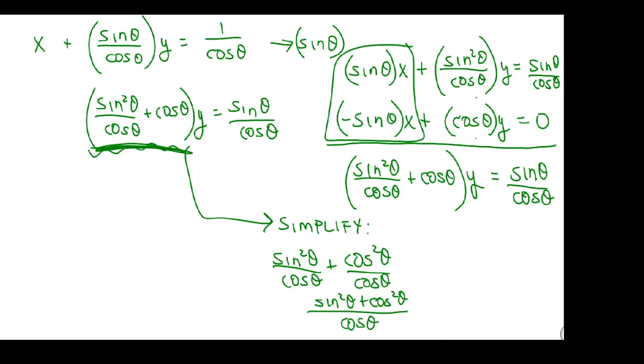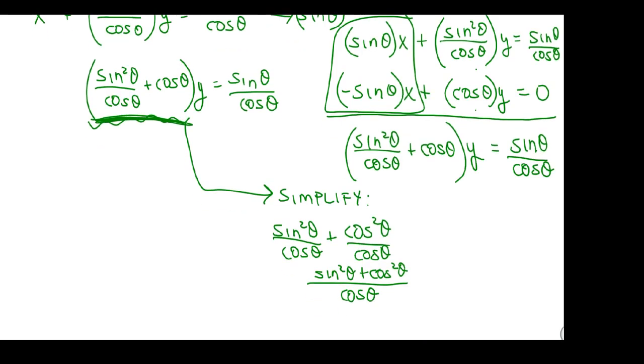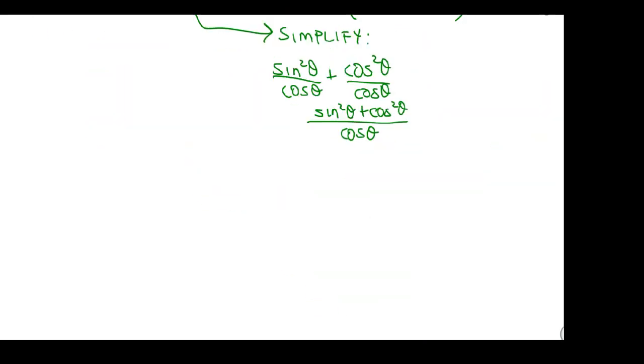And what do you know? That numerator, sine squared of theta plus cosine squared of theta, is 1. So that coefficient of y is simply 1 over cosine of theta.